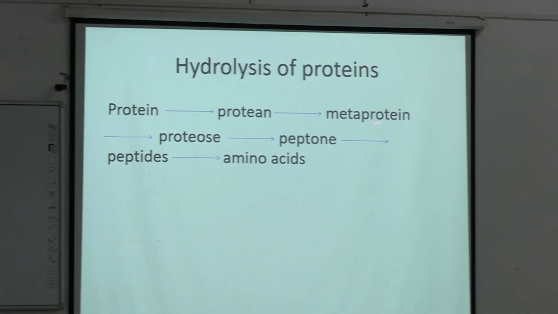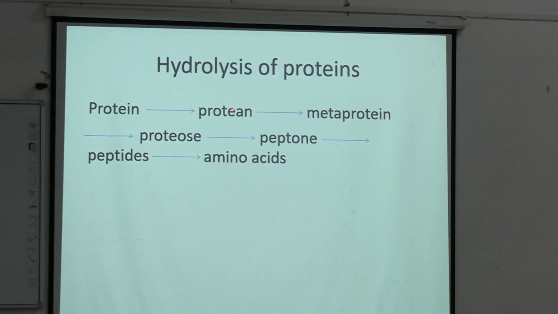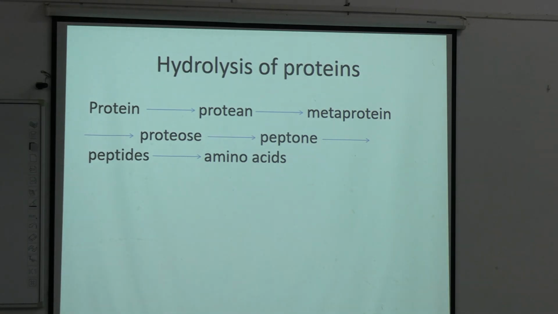This is the sequence. Protein enters into stomach, acted on by acid, becomes metaprotein, then it is broken down by the first initial proteolytic enzymes to proteoses, then it is broken into further smaller sections called peptones, then it is further broken down into lower peptides, then they are broken down into amino acids. In this region, enzymes are tripeptidase, dipeptidase, aminopeptidase, carboxypeptidase.